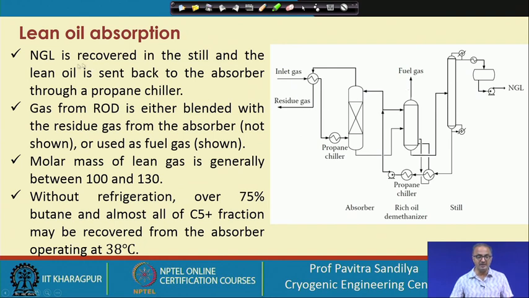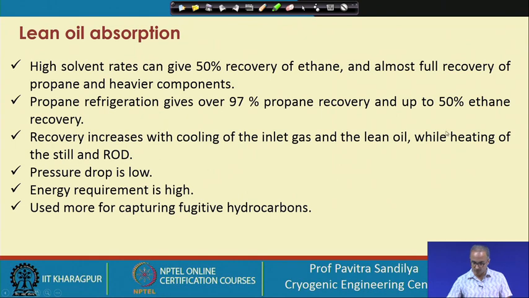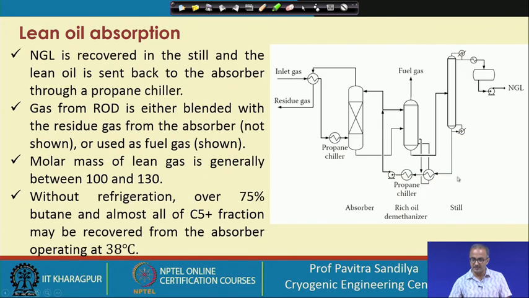Now, NGL is recovered in the still and the lean oil is sent back to the absorber through a propane chiller. Here in this is a still. We are getting this lean oil from the bottom of the still, and it is being sent back to the absorber through this propane chiller.